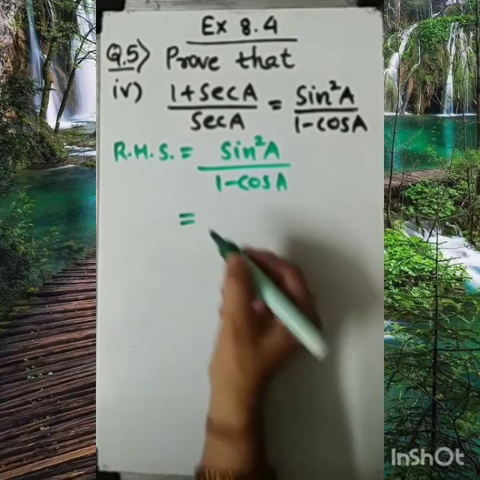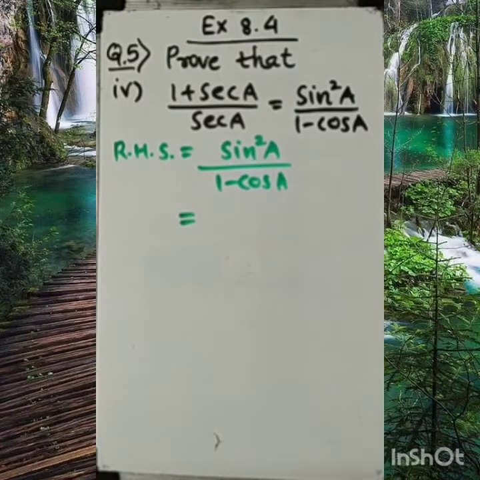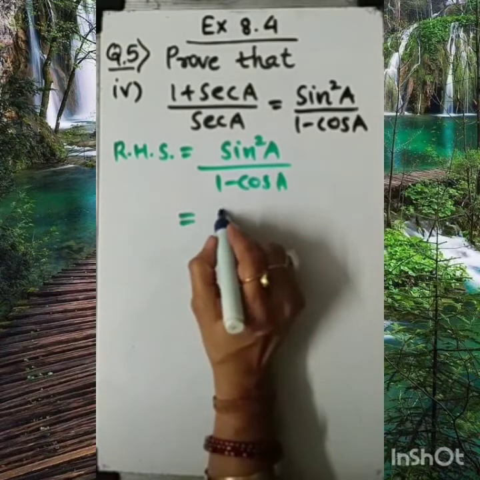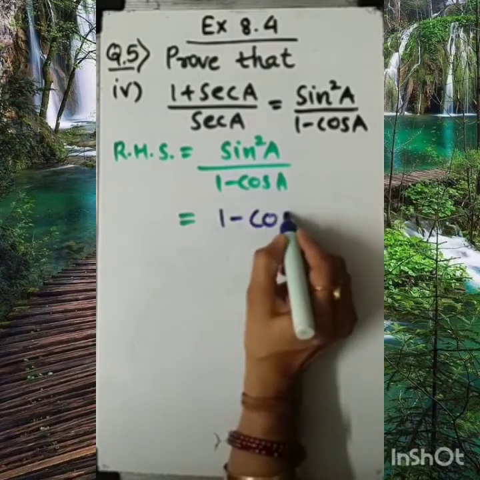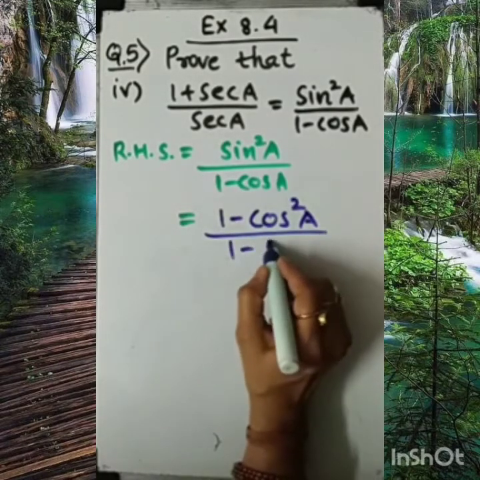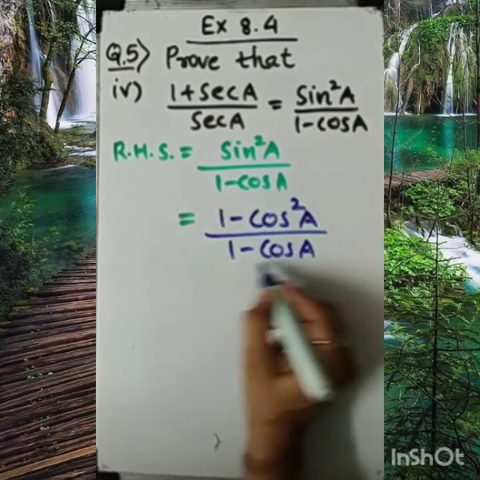Okay, now dear student, you know very well the first identity, sine square A plus cos square A equal to 1. Agree? Now in that identity, what I am going to do, I am putting the value of sine square A. As we know, sine square A equal to 1 minus cos square A. And in the denominator 1 minus cos A. It is not a square.